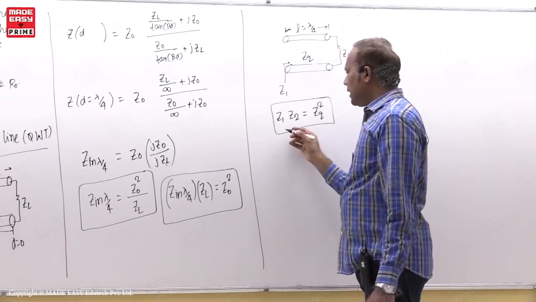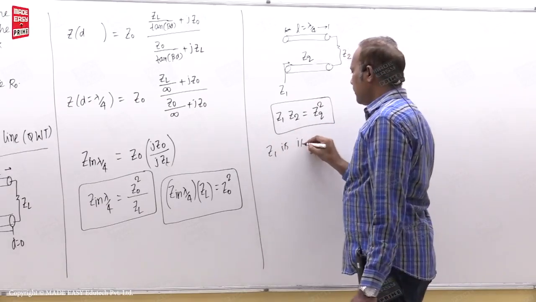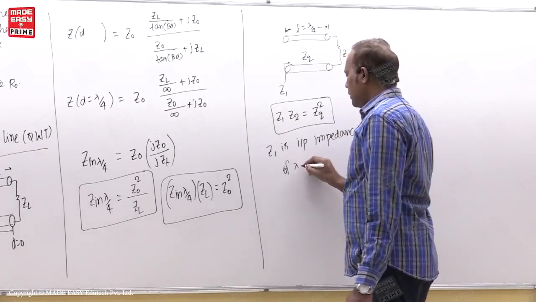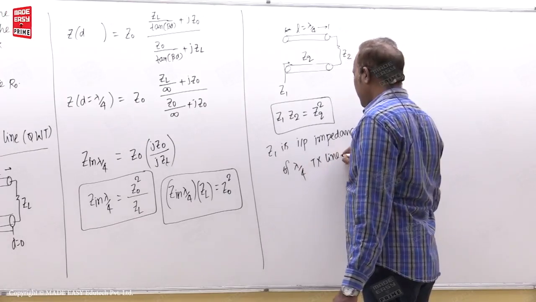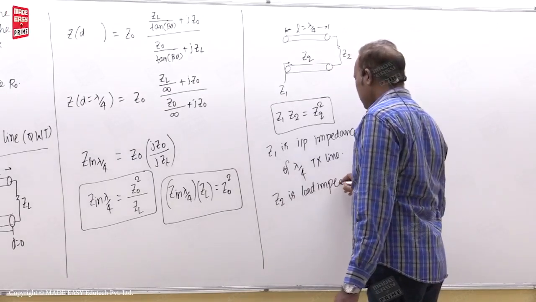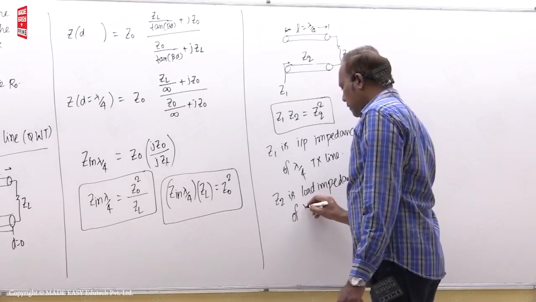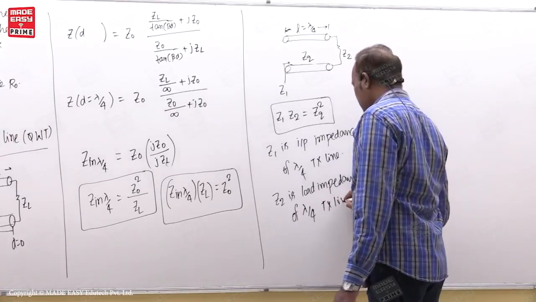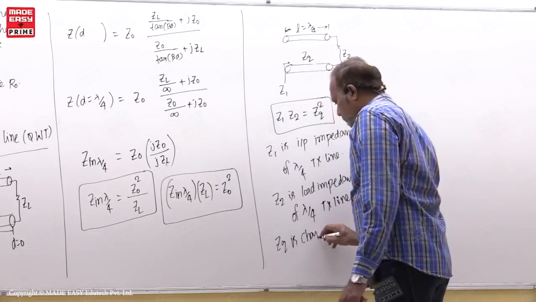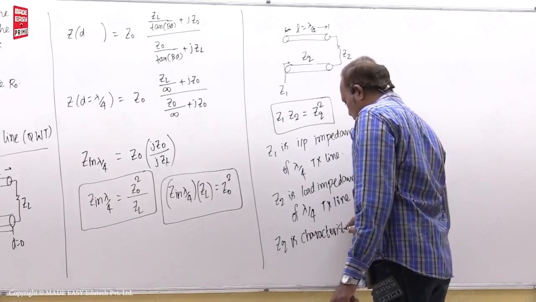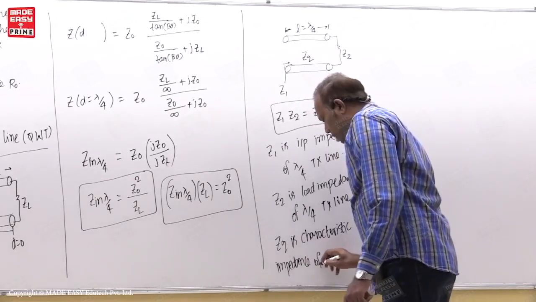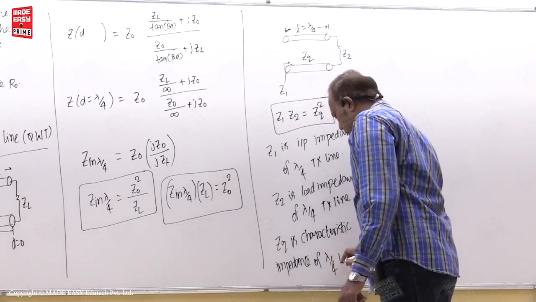Here Z1 is the input impedance of the lambda by 4 transmission line, Z2 is the load impedance of the lambda by 4 transmission line, and ZQ is the characteristic impedance of the lambda by 4 transmission line.